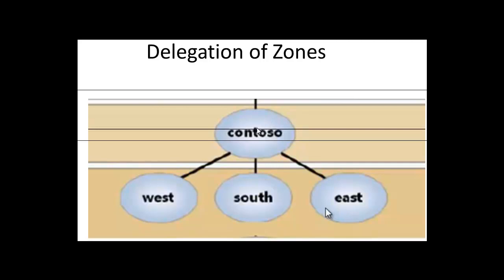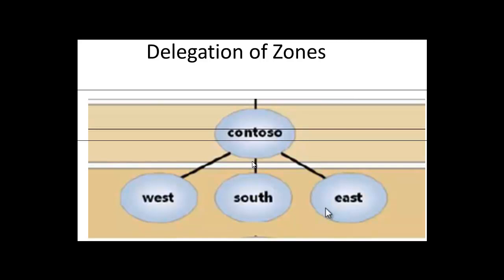And what we could then do is to delegate the zone that now exists in Contoso, which would be the West zone. We could delegate responsibility for that zone to the DNS server in West Contoso. And then we could do the same with South and the same with East.